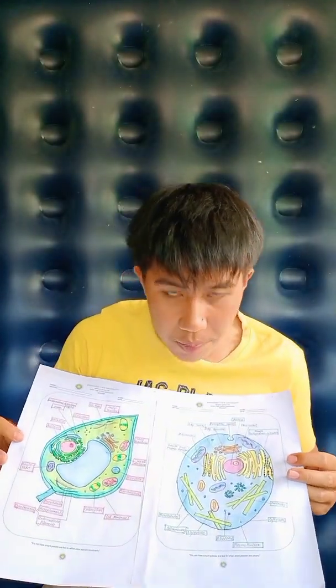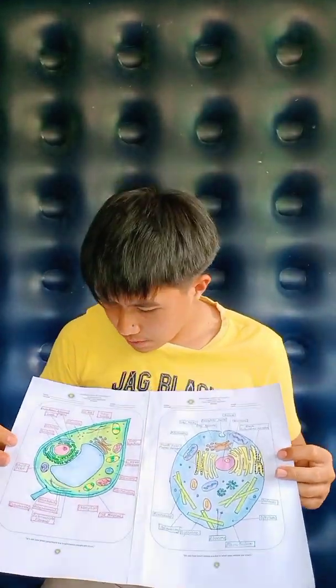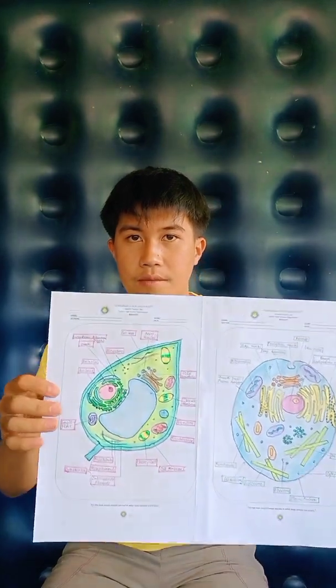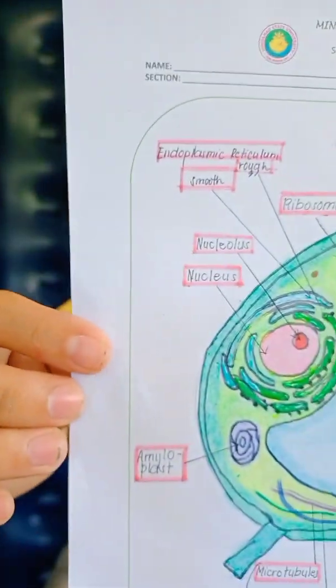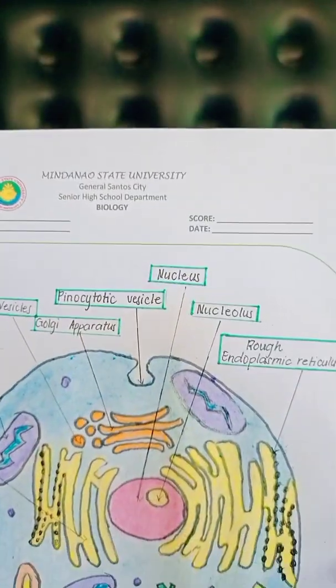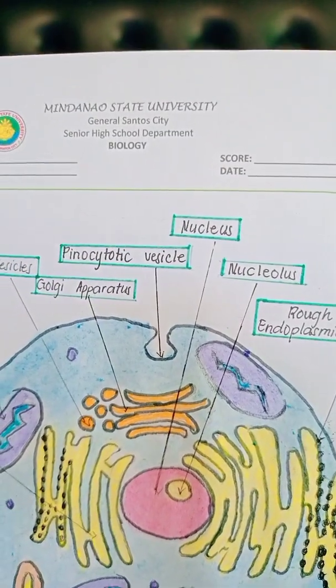So another part is the nucleus. It is present in both animal and plant cells. Here the nucleus, and here the nucleus.